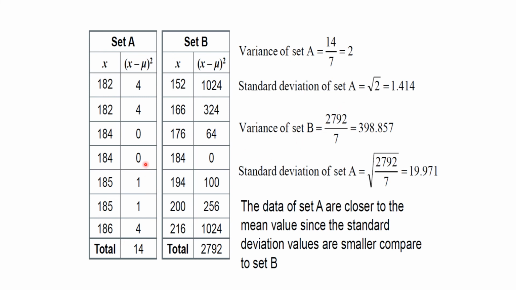And for set B, again, the sum of (x minus mu) squared is 2792, and the total number of data is 7. So the variance for set B is larger, and of course it will contribute to a larger value of standard deviation, simply because standard deviation is the square root of variance. In comparison, set B has a larger standard deviation.